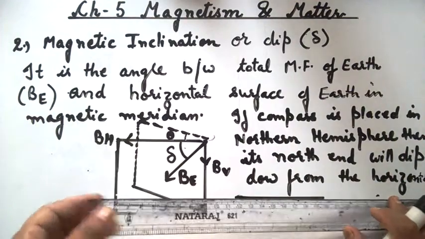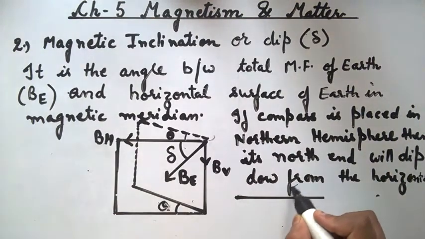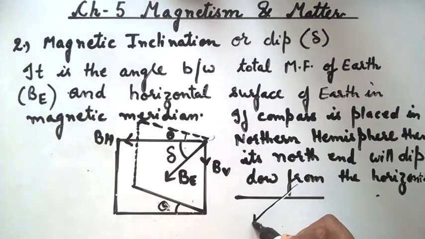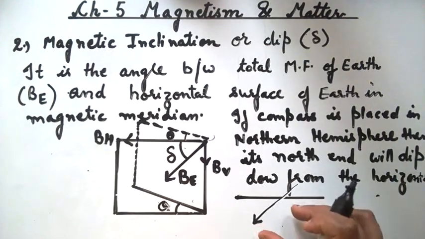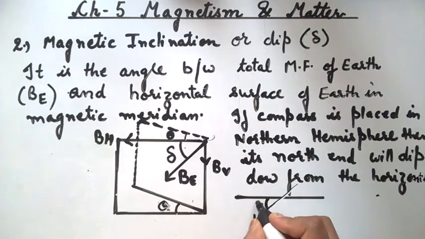It is in this manner. This is the north side, north pole of a magnetic needle, and it will dip down. And this angle is known as angle of inclination.